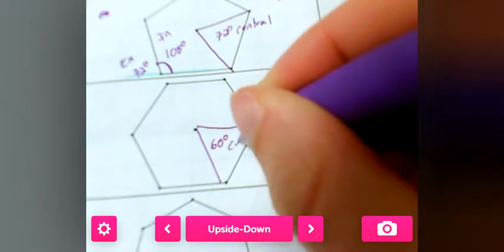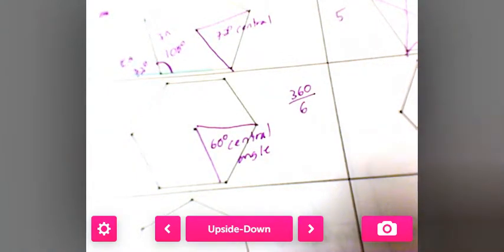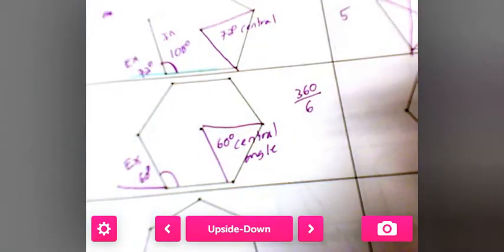So 60 degrees, that's my central angle. Okay. So let's talk about if my exterior angle is the same, it's also 60 degrees. What's my interior angle going to be? So that's how much? 120.